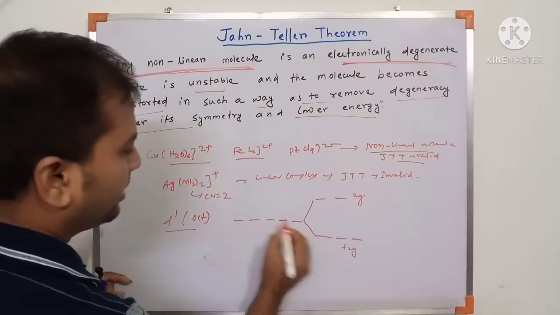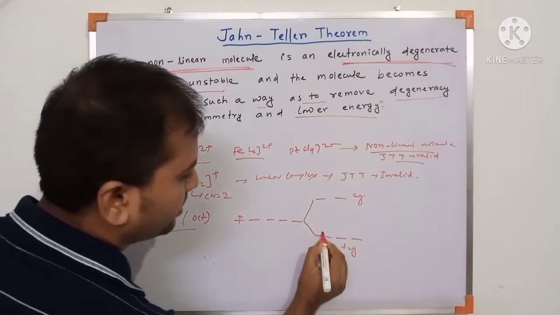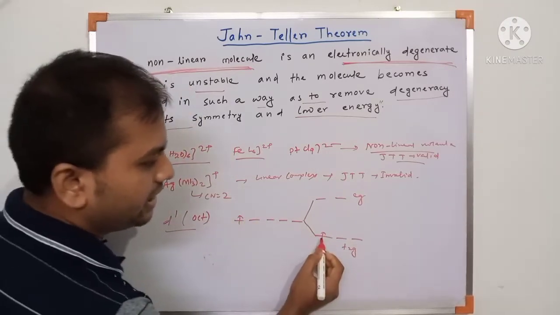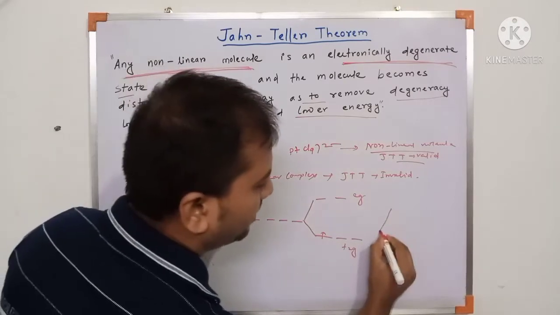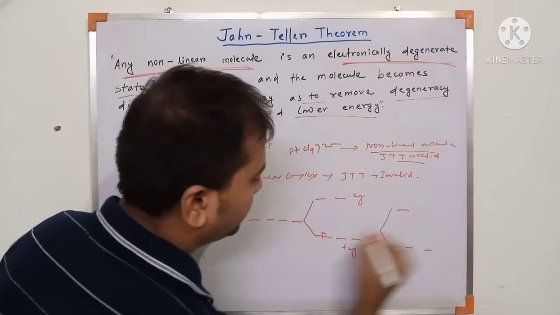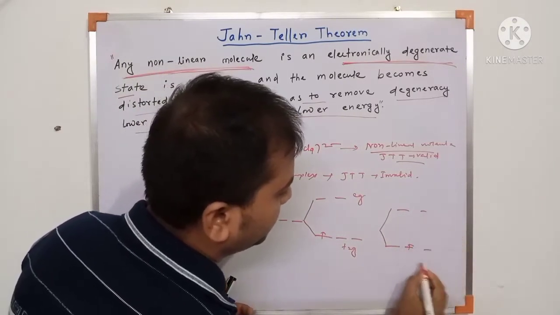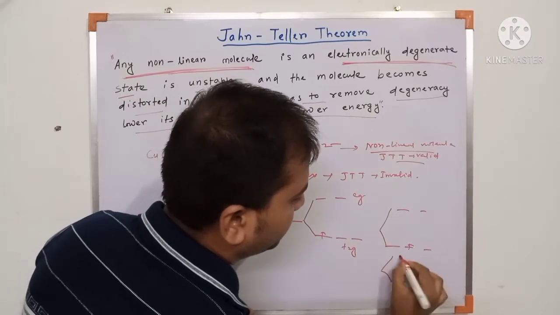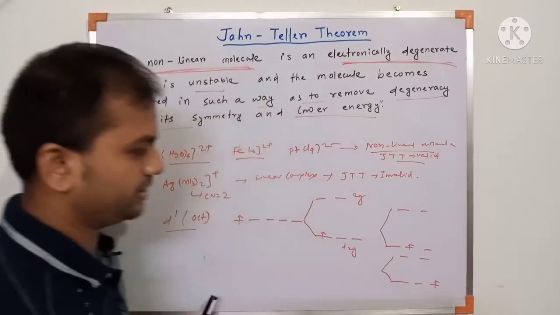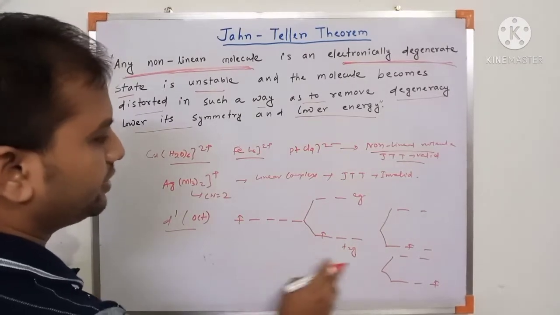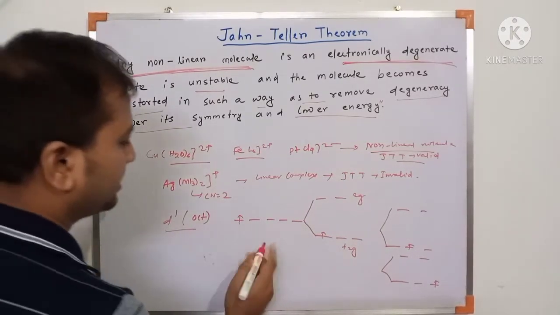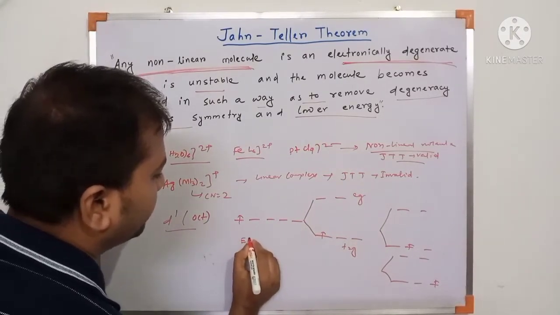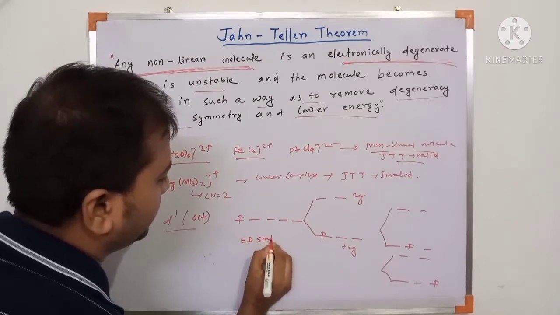Now, in the case of d1, one electron is there, so t2g has 1 electron. So this electron can be in this position, or the middle position, or sometimes the last position. So the degeneracy is 3, t2g degeneracy 3. So this is the electronically degenerate state.